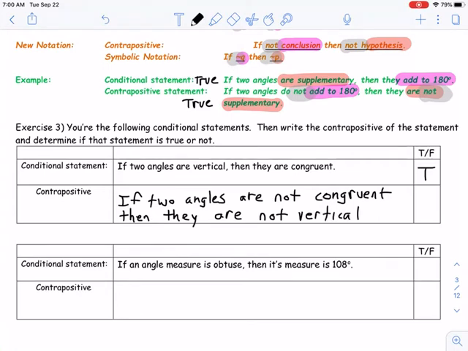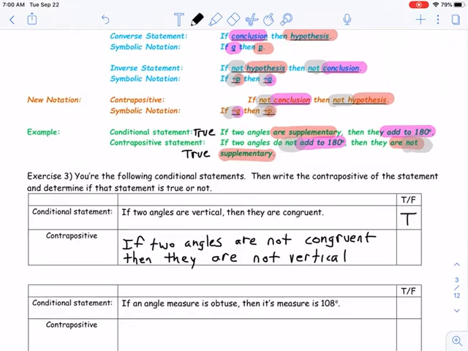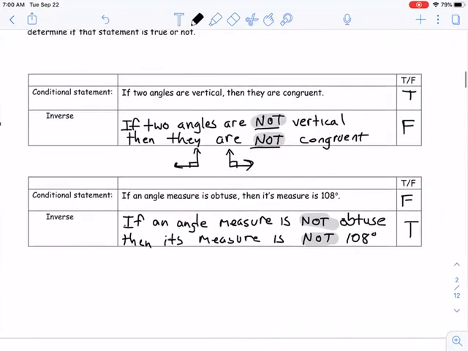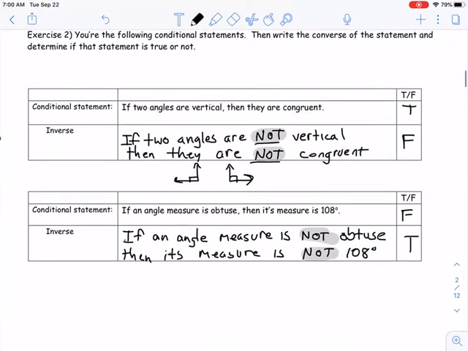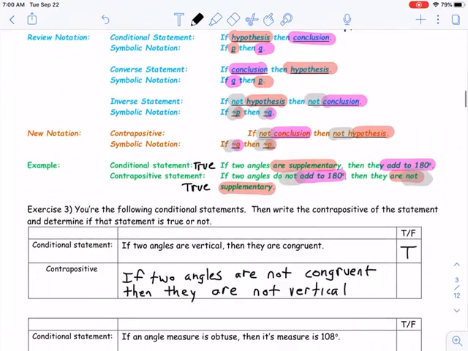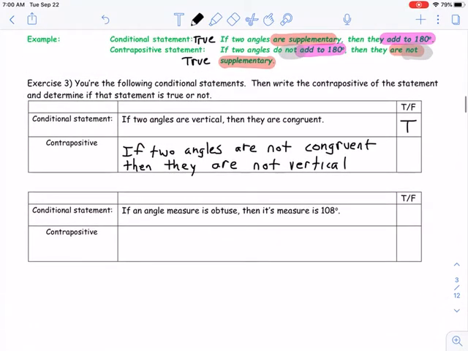So if they are not congruent, then they are not vertical angles. In this little review, we've seen this one be true and false before. If two angles are not congruent, so they don't have that same measure, then they are not vertical. This is actually true as well. They have different measures, they're at a different angle, whatever it may be, so they can't be vertical.